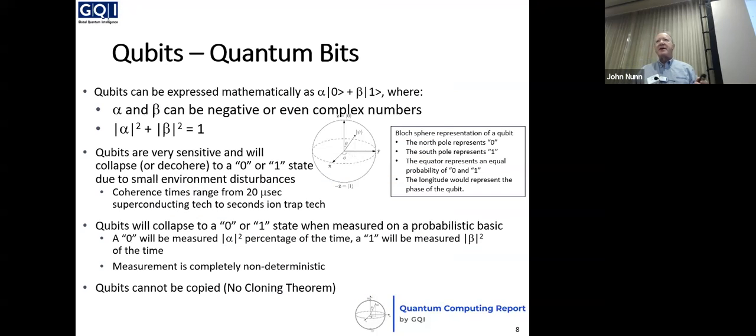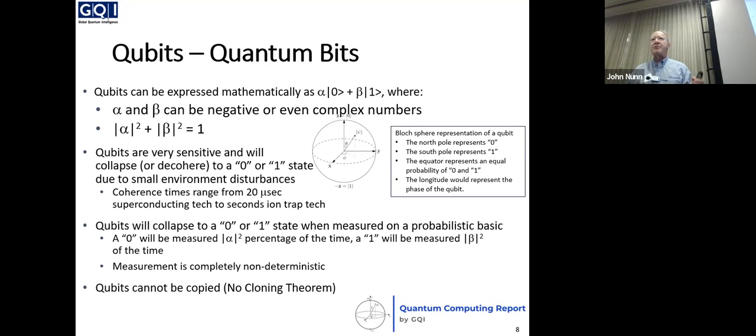So the key thing is, you want to build a computer that can process information and run algorithms much faster than you can with the supercomputers we have today. That's the whole point of quantum computing.